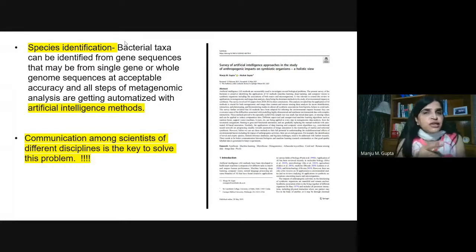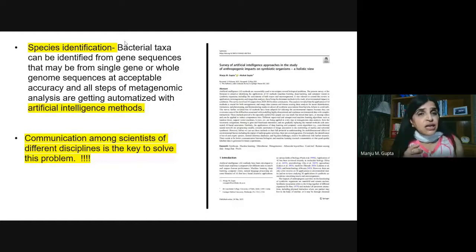What I'm trying to tell you is that in this paper of mine, I observed that these steps in identification of taxa in metagenomic data, like your Google search, are getting automatized by several artificial intelligence methods applied at every step of metagenomic data analysis. We can't do it with AM fungi, we are way behind.